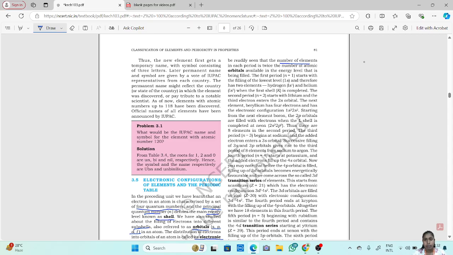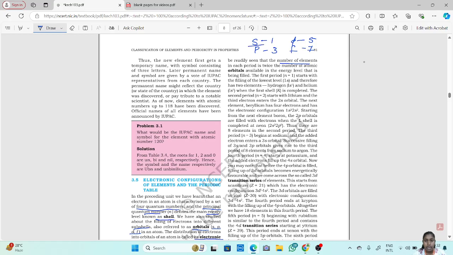For example, s, p, d and f have orbitals 1, 3, 5 and 7 respectively. So these are the orbitals of each of the shells. Each shell has this many orbitals in them.